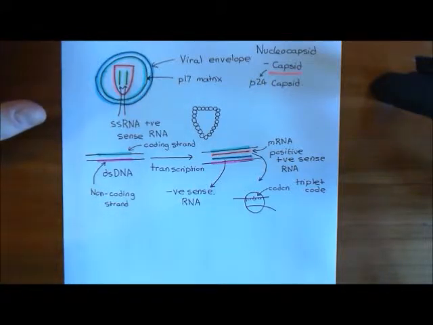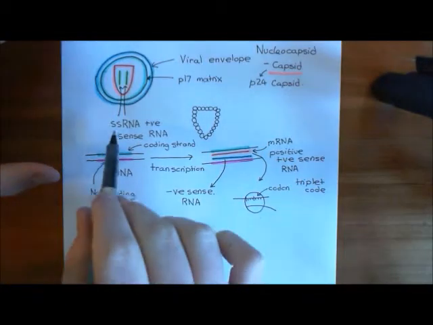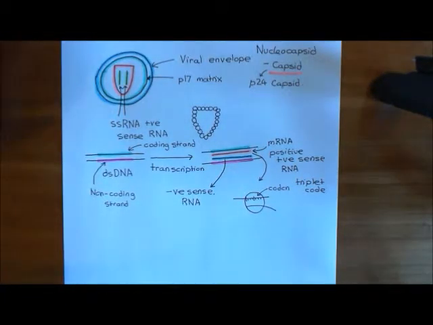What's going to happen for human immunodeficiency virus is that the RNA is first going to be turned back into DNA, and then the DNA is going to be implanted into the human genome. But in principle it could be translated directly.